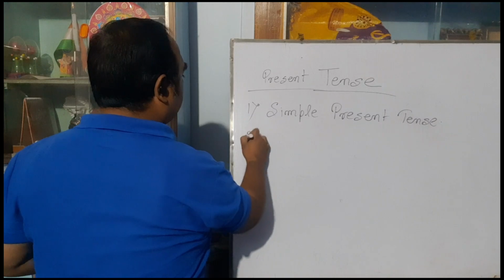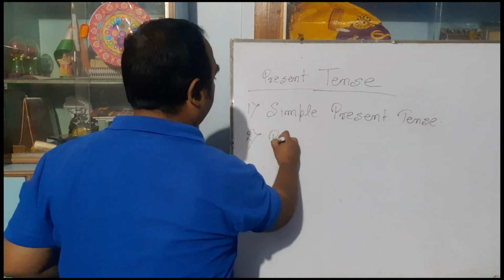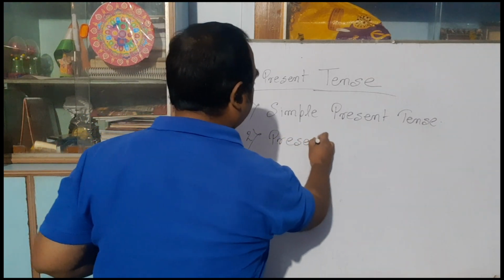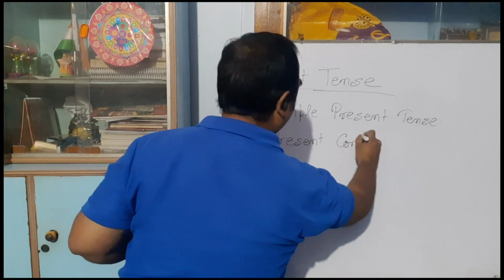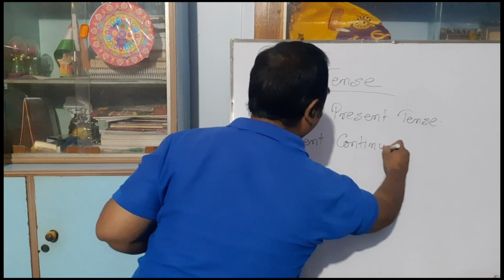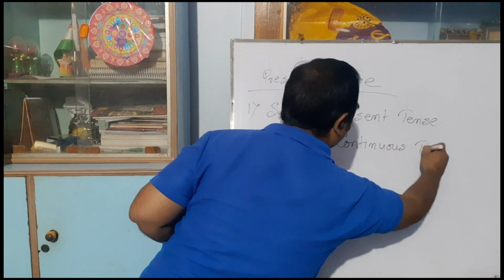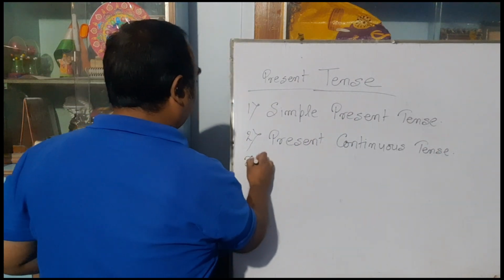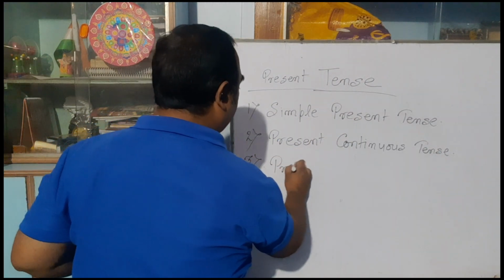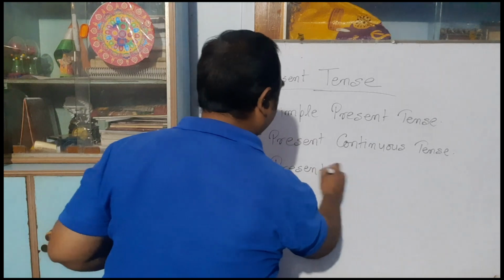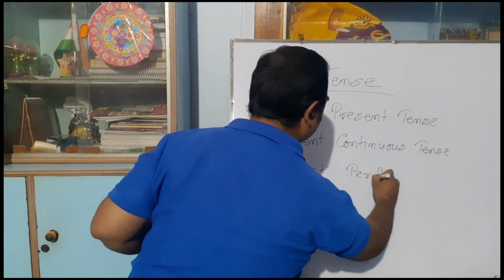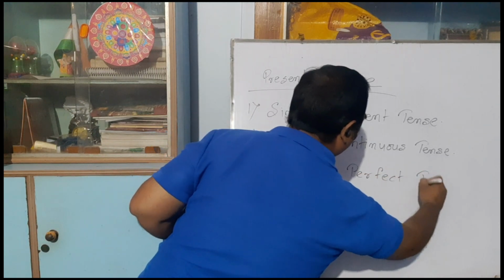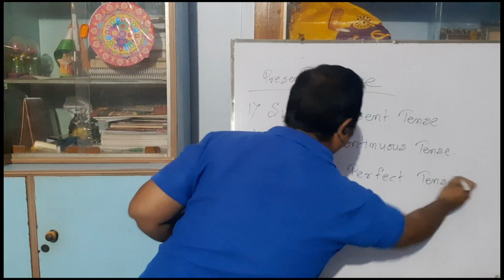The second one is known as present continuous tense. What is present continuous tense? The third one is known as present perfect tense.